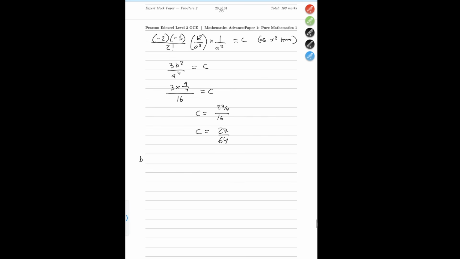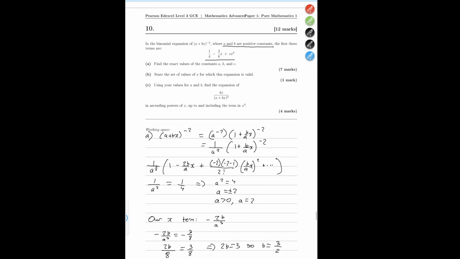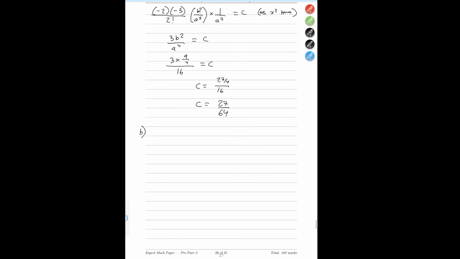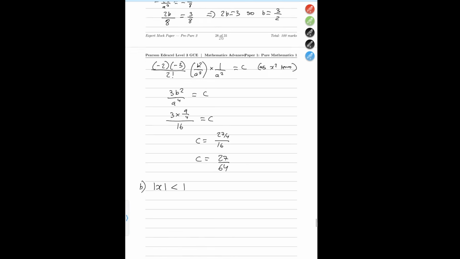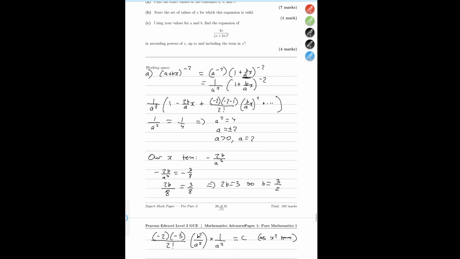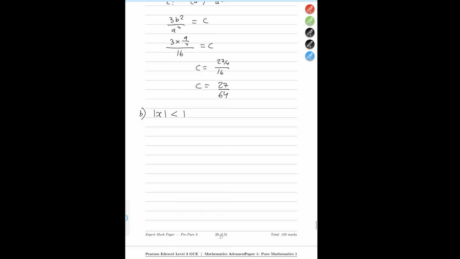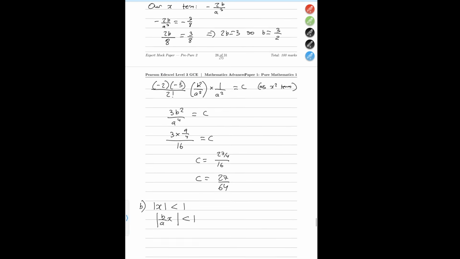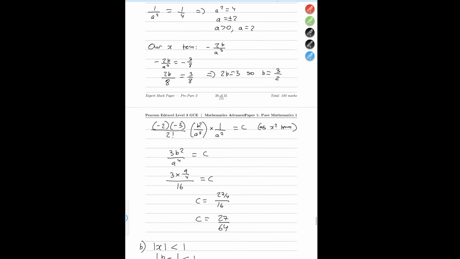So now let's move on to part b, which is asking us to find a set of values for which the expansion is valid. So you know our expansions are valid for the magnitude of x less than 1. Let's not forget here, though, we have b over ax. So we want the magnitude of b over ax to be less than 1. So we know that b is 3 over 2 and a is 2.